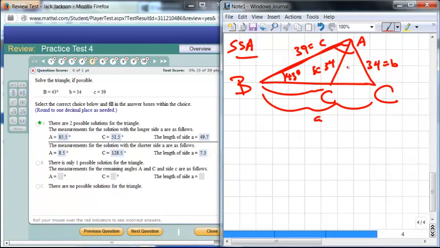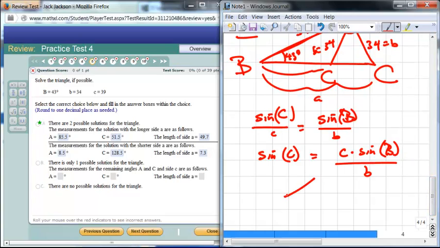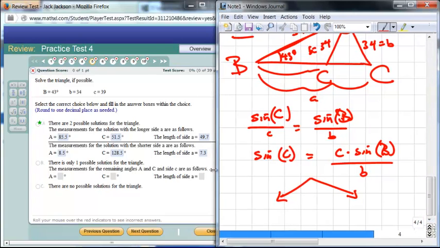I've got side B and angle B, and I've got side C. So let's see if we can find angle C. We know sine of angle C over side C is the sine of angle B over side B. So sine of angle C is C times the sine of angle B over B. We know everything on the right side.